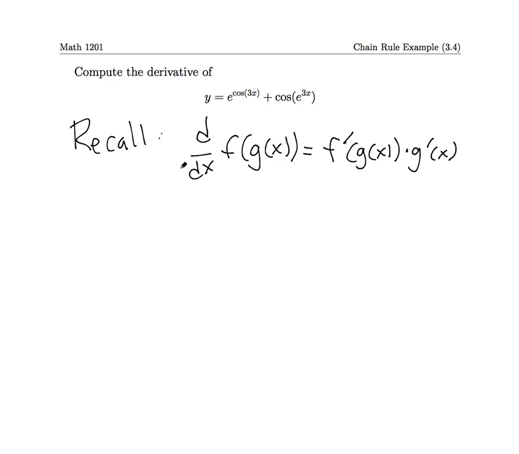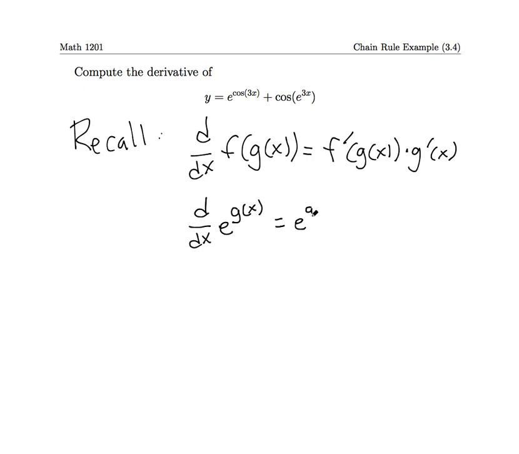What's also going to be relevant for us is a special case of this that we talked about in class. Remember, if we have the derivative of e to some function, so my exponential function, except instead of just x in the exponent, I have a function, we talked about in class a shortcut for this, and this is really just using the chain rule again.